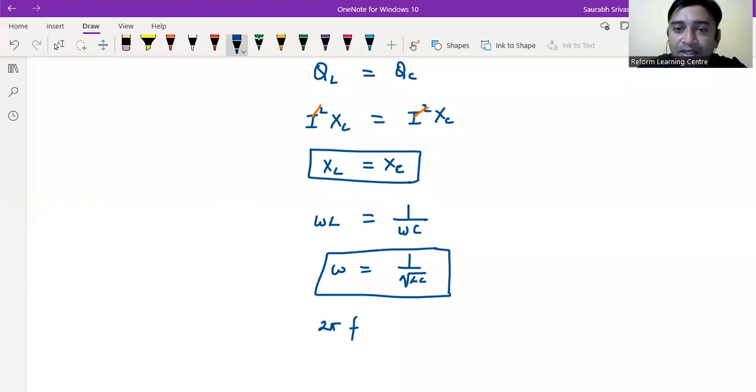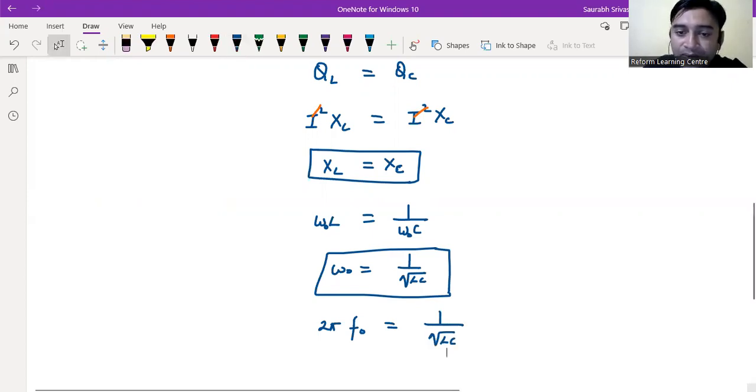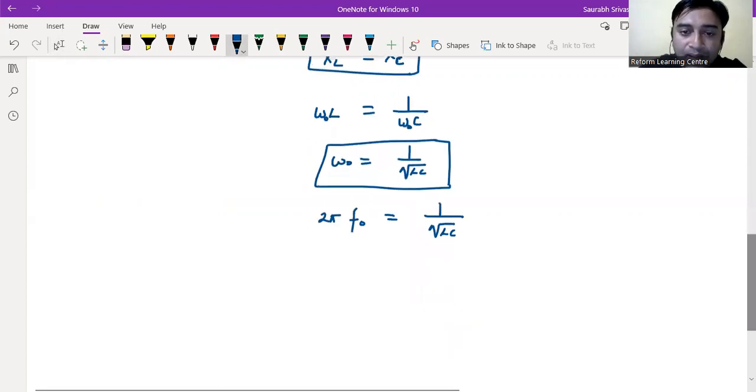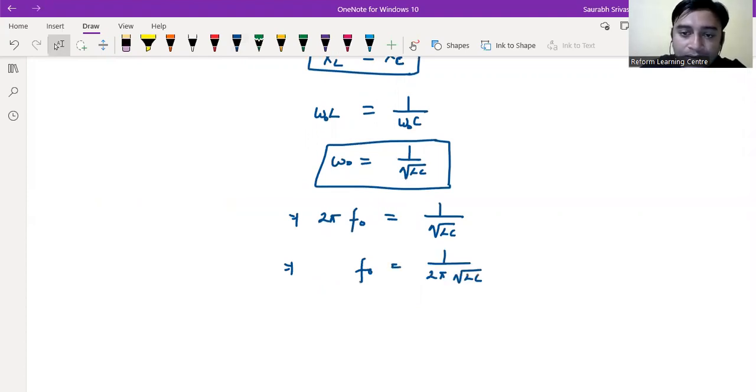Now, it is a special case of resonance, say we will be writing omega as omega naught. Omega naught means resonance frequency. Omega naught will be 2 pi f naught. It will be 1 upon under root LC. And f naught, the resonance frequency, will be 1 upon 2 pi under root LC.